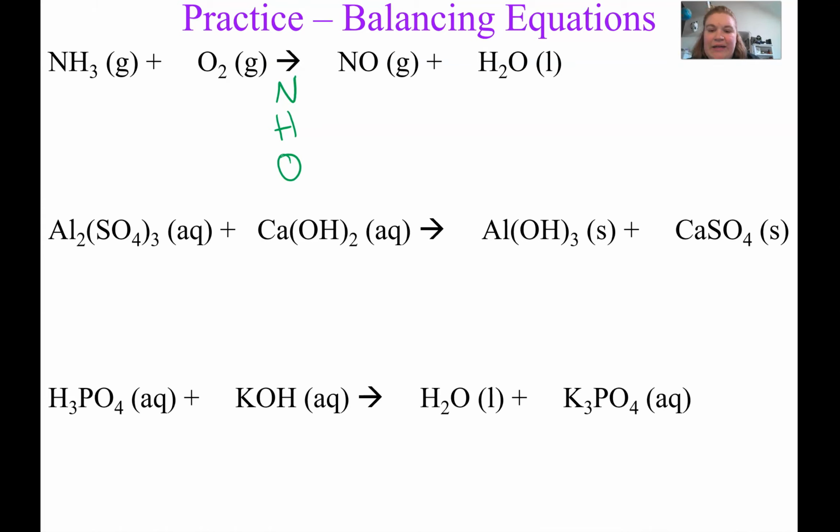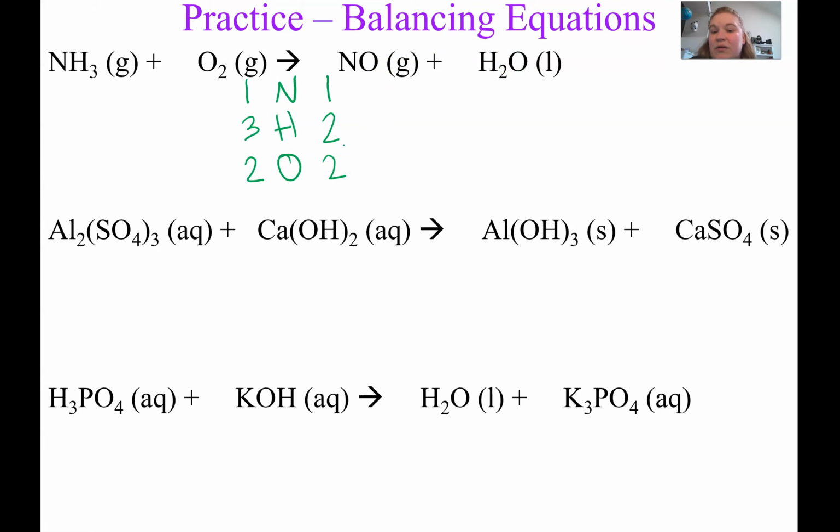And I like to put it right at the arrow because then on the left side of each of those atoms, I'm going to put how many of each of those atoms are over there. So there's 1 nitrogen, there's 3 hydrogens, and there's 2 oxygens. I'm just using the subscripts from those chemical formulas to figure that out. On the right-hand side, 1 nitrogen, 2 hydrogens, and I have 2 oxygens, 1 from each of those molecules.